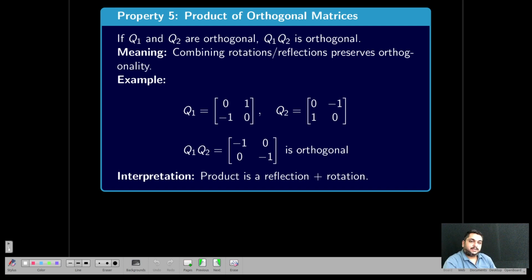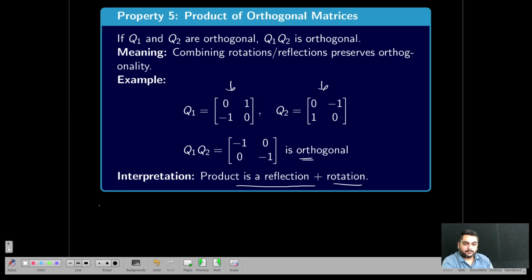Now the last one is that the product of orthogonal matrices is also orthogonal. So if you check the product of this, Q1 Q2, we'll get -1, 0, 0, -1, which is also orthogonal. What does it mean? The product is reflection plus rotation. There are two properties that we can apply on the vectors using orthogonal matrices.